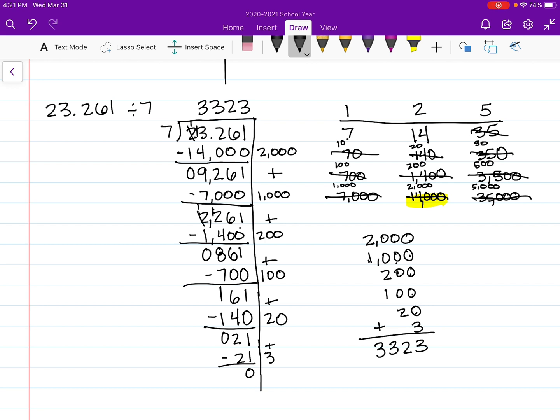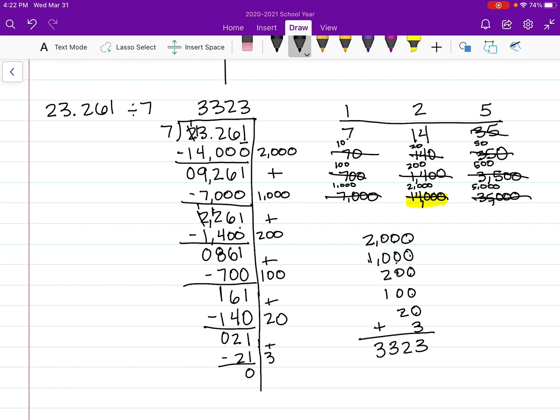Now, I'm not done. It doesn't make sense that 7 can go into 23 3,000 times. That makes no sense. So stop and think about your answer and say, does this make sense? No, unless I add my decimal where it's supposed to be. Then it will make sense.